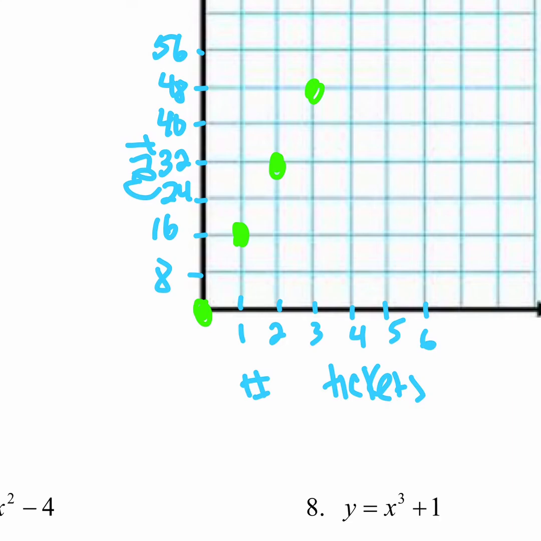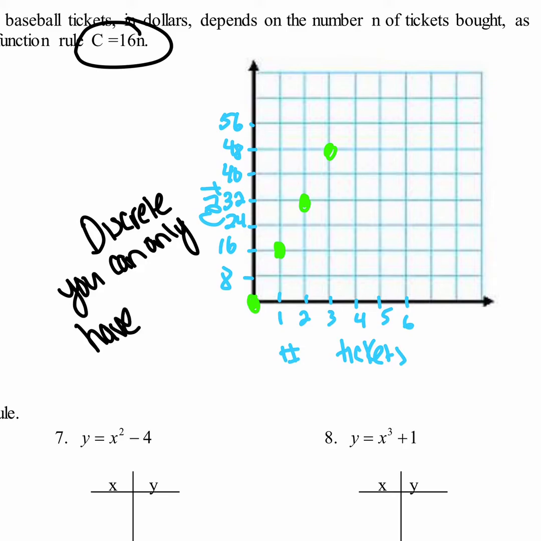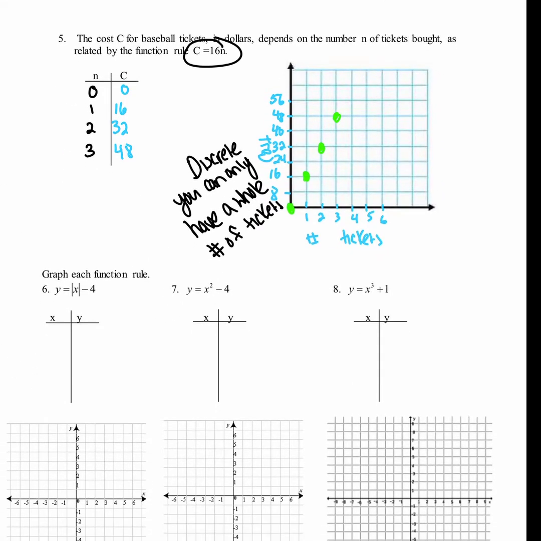No, you cannot. So this would be discrete. You can only have a whole number of tickets, right? You can't buy half tickets. So you would just leave it like that without connecting the ordered pairs.